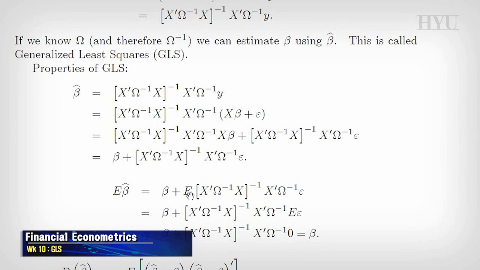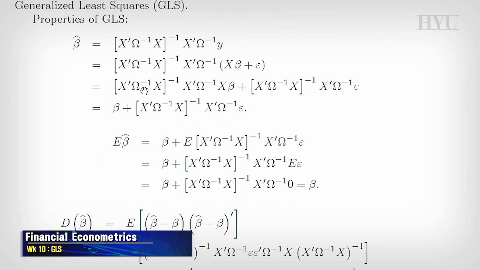If we calculate the expected value of beta hat, this is constant, so we put the expectation inside, and this term is 0. So the expected value of beta hat is still beta, and our GLS estimator is still an unbiased estimator.